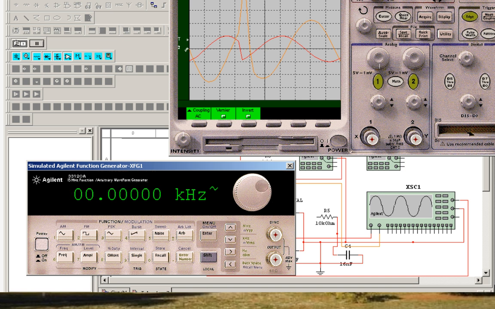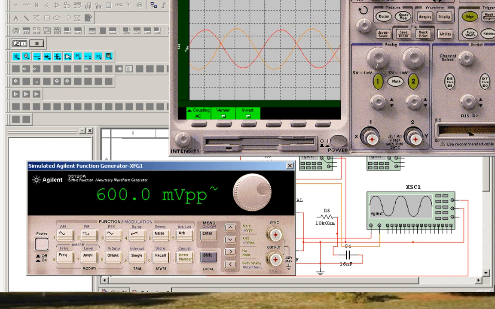Oh, it could be because of the input level. When you increase the input level, that's 100 millivolts on the input. Well, I don't want to get into clipping.